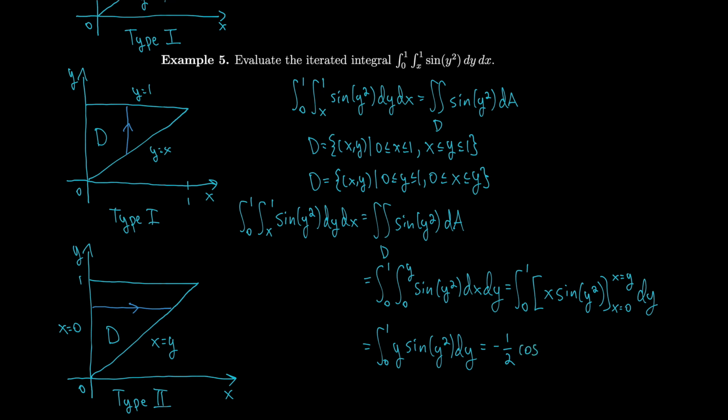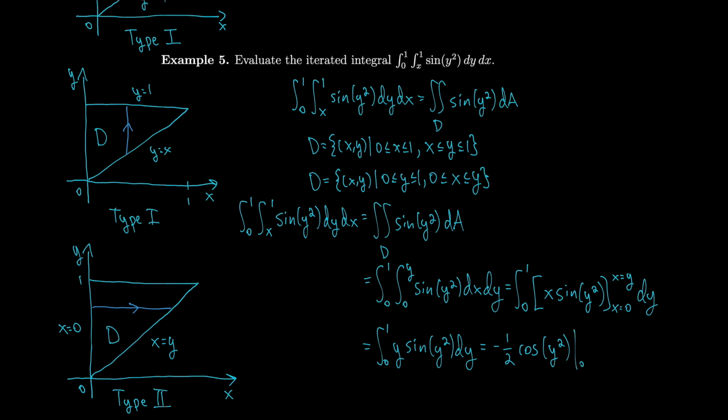Throw in the minus because the derivative of cosine is minus sine. We want this to be positive. So this is cosine of y squared. You could try testing that. Take the derivative. The 2y hops out, cancels with the half, and then you just have the y, and then the minus disappears when you take the derivative of cosine because you get minus minus sine.